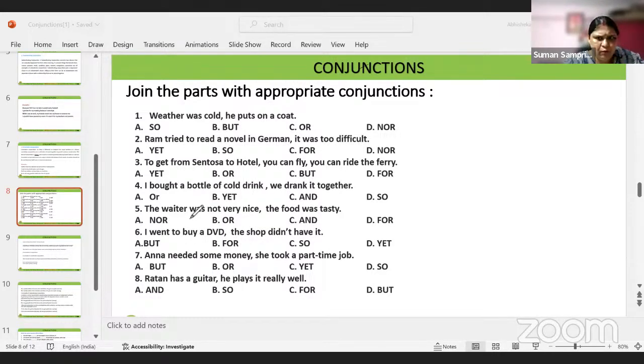Otherwise, we would have gone for "for". We do not have "for" here. Second sentence: Ram tried to read a novel in German. It was too difficult. Yet it was.